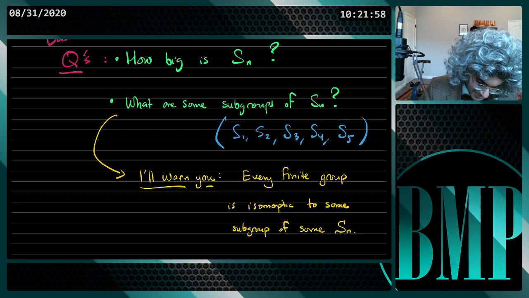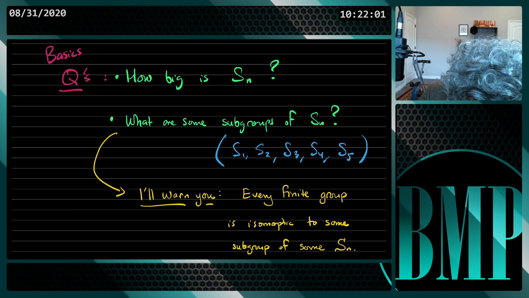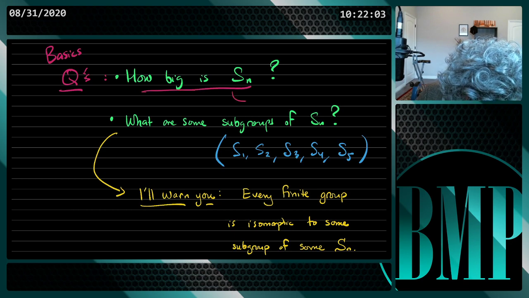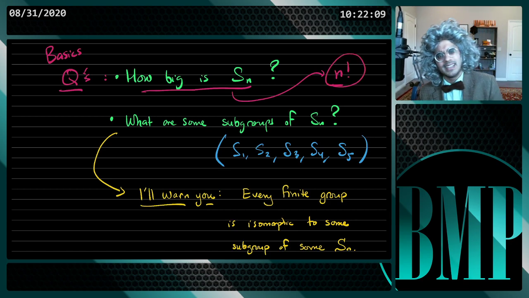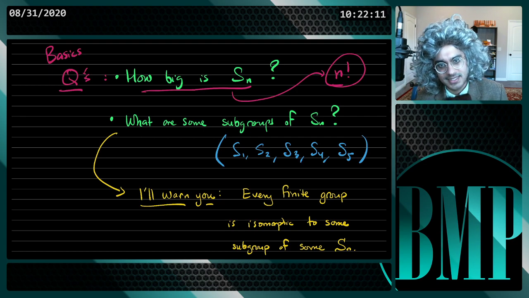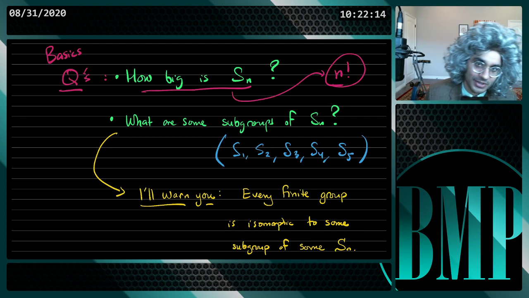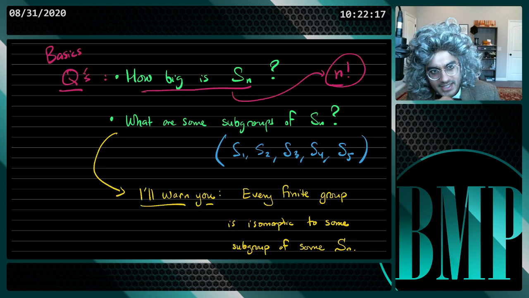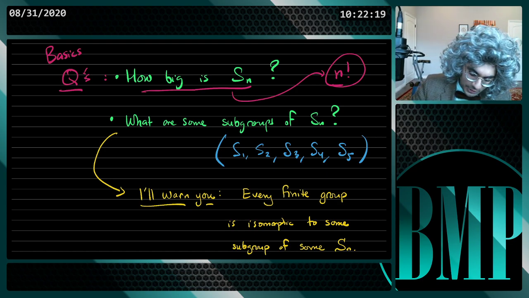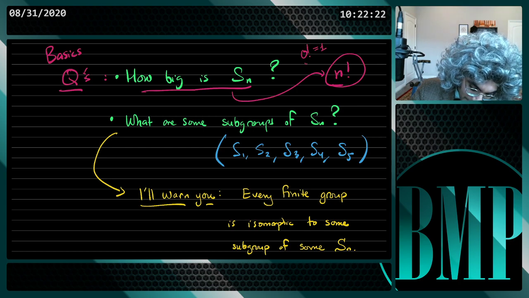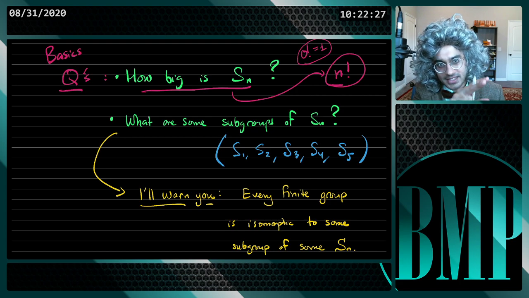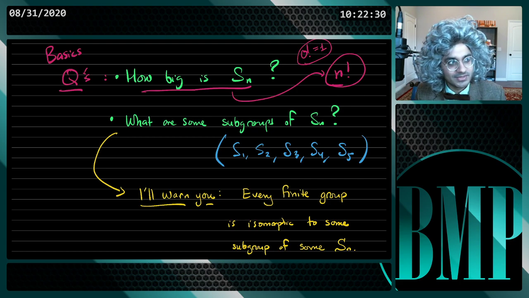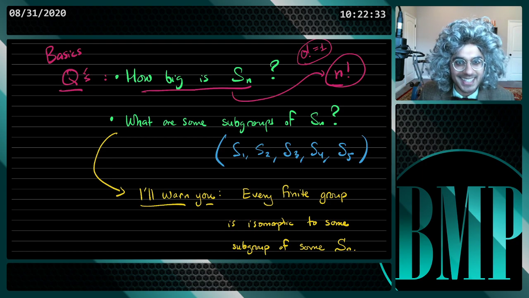But you know, how big is Sn? It's n factorial. And that's also the number of permutations that you learn in high school, and of course it's all related. So it's the same statement. You might have seen that 0 factorial is taken to be 1. At first you might say that's just a convention, but S0 has one element, the identity function, and it's invertible because identity composed with identity is identity.